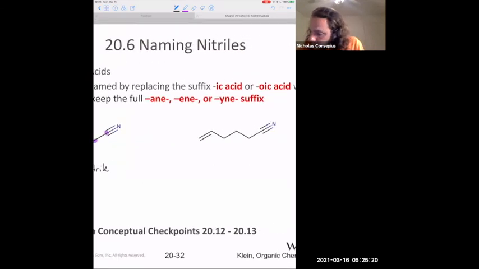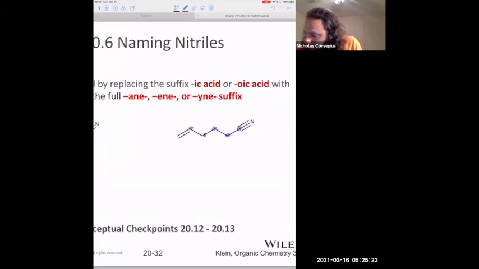Likewise, if we have this one where we have 1, 2, 3, 4, 5, 6 carbons in our parent chain. Again, I'm going to have to make sure to number starting with that nitrile group. 1, 2, 3, 4, 5, 6.